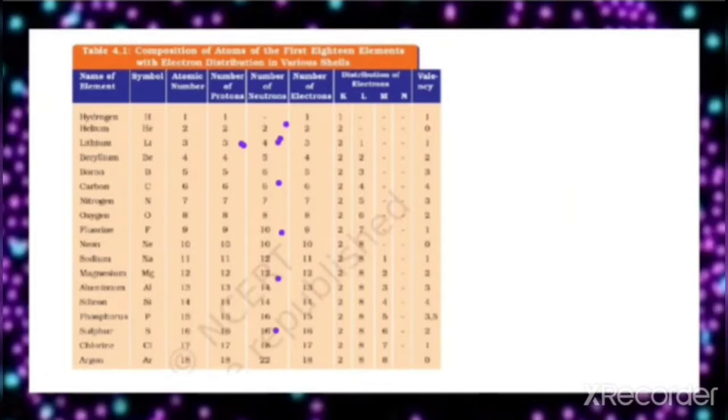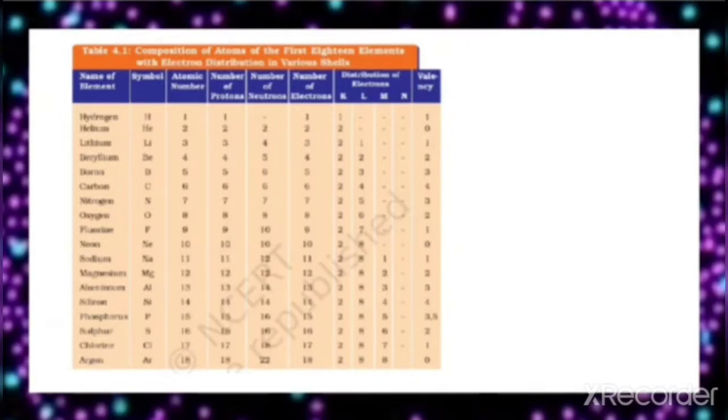So the mass number we can only find out when we know its number of neutrons. And for these atoms, its electronic configuration, that is the distribution of electrons in K, L, M, N, is also shown here, and its valence is also shown, which we have already discussed.